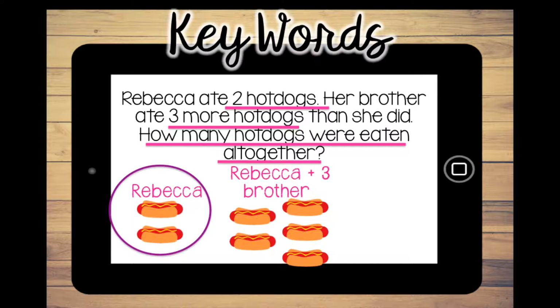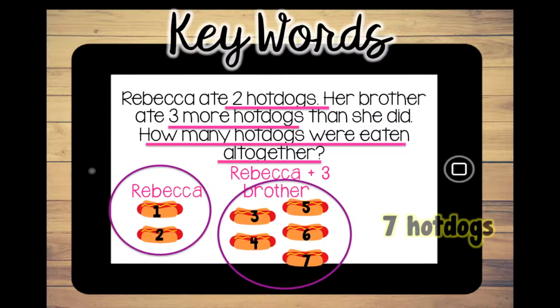We have to add Rebecca's hot dogs and brother's hot dogs. So when we add them, we get 1, 2, 3, 4, 5, 6, 7. 7 hot dogs. I hope this helped you understand two-step word problems a little better.